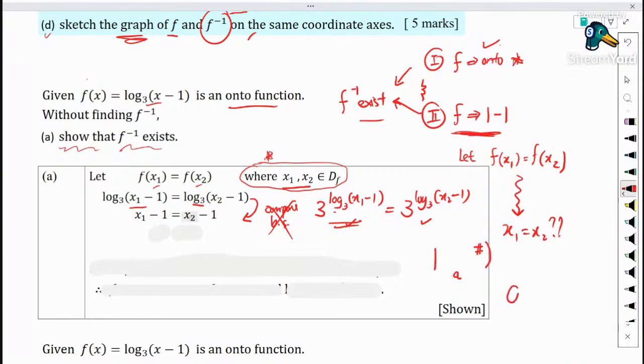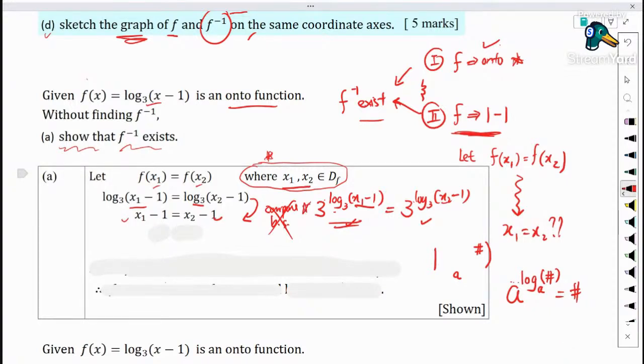Let's say I have an indices term with base a, power of a log also with base a, then whatever is inside the log will be the result of my answer. And of course, with the condition that in front of the log, I shall not have any negative sign or number. If there is, bring it up to become the power. So this is why I can have the answer now. In front of the log, no number, no negative sign. So I just take the bracket term as a result.